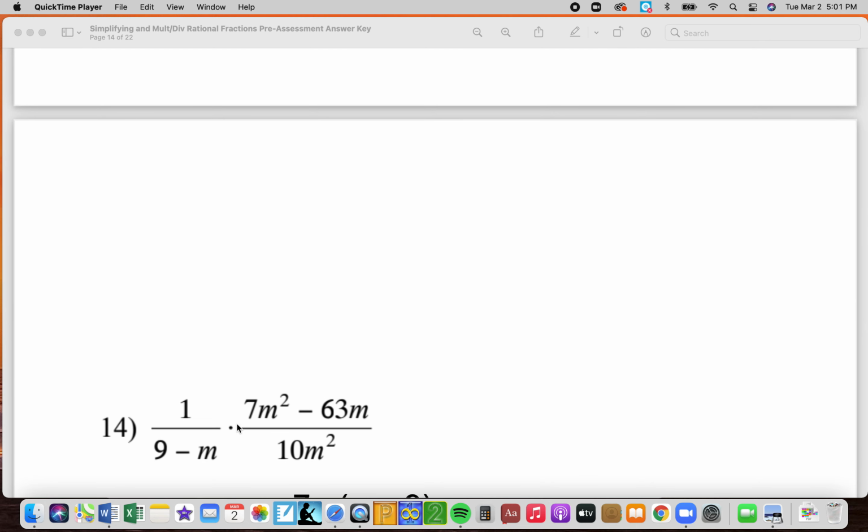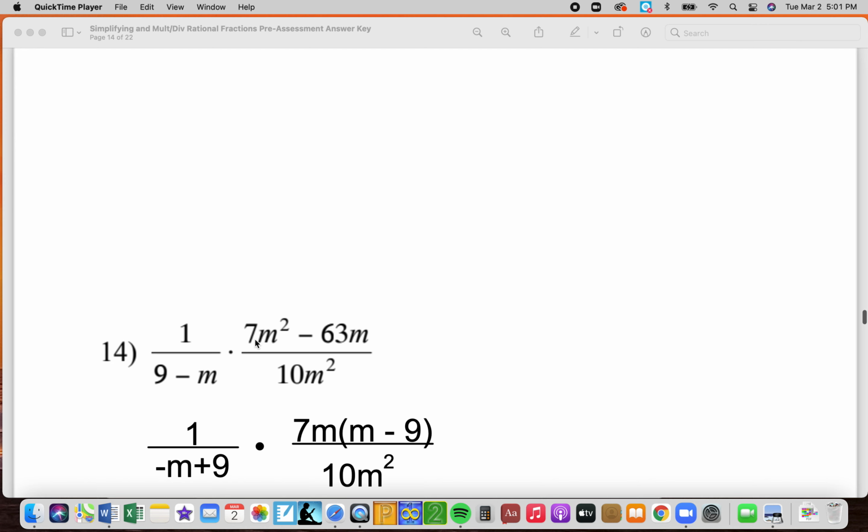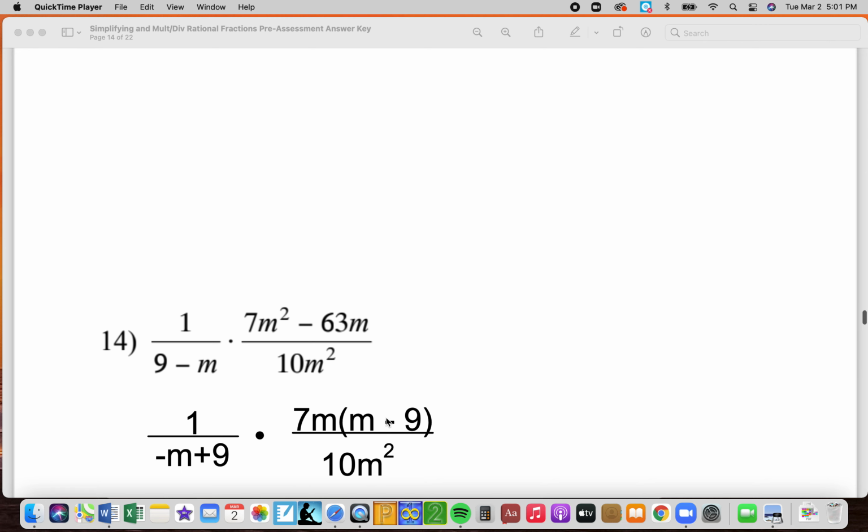Number 14, we had a couple of things. We have the top right that we can factor, and then we have to manipulate this one because it's not in standard form. So if we factor out the 7m, we get 7m times the quantity m minus 9. Now we can't cancel these because those are not identical.